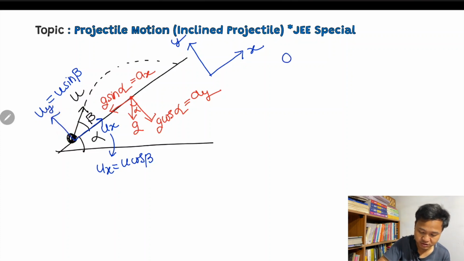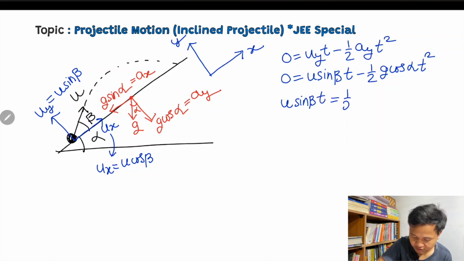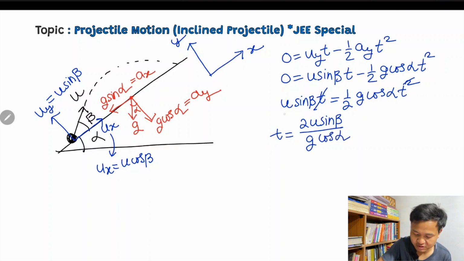So 0 equals u_y into t minus half into a_y into t square. 0 equals u sine beta into t minus half into g cos alpha into t square. So u sine beta into t equals half into g cos alpha into t square. One t gets cancelled out. Time of flight is t equals 2 u sine beta divided by g cos alpha. So this is your time of flight.